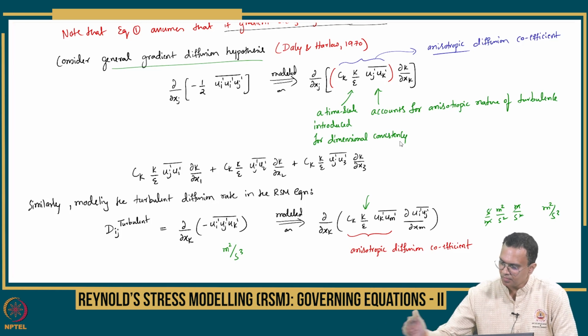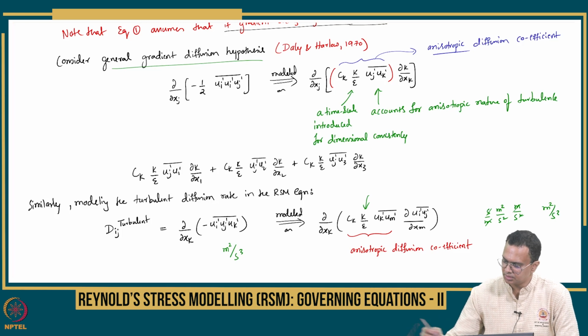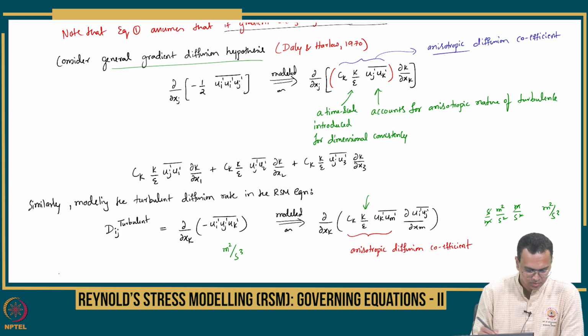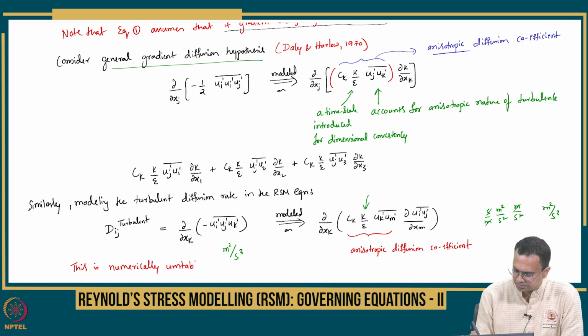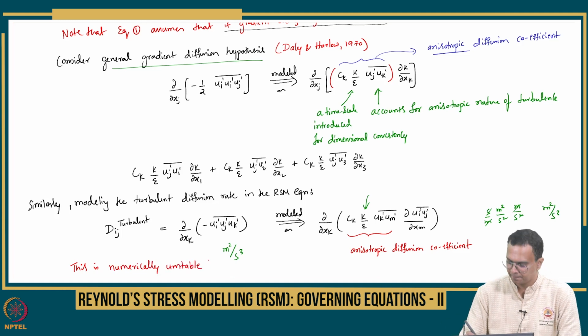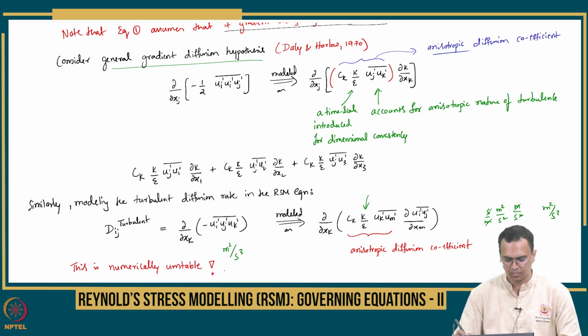So one issue here is that this is numerically unstable. It may not be in all flows, but one can try it out to see. In general, it is numerically unstable to use this form of modeling using an anisotropic diffusion coefficient.